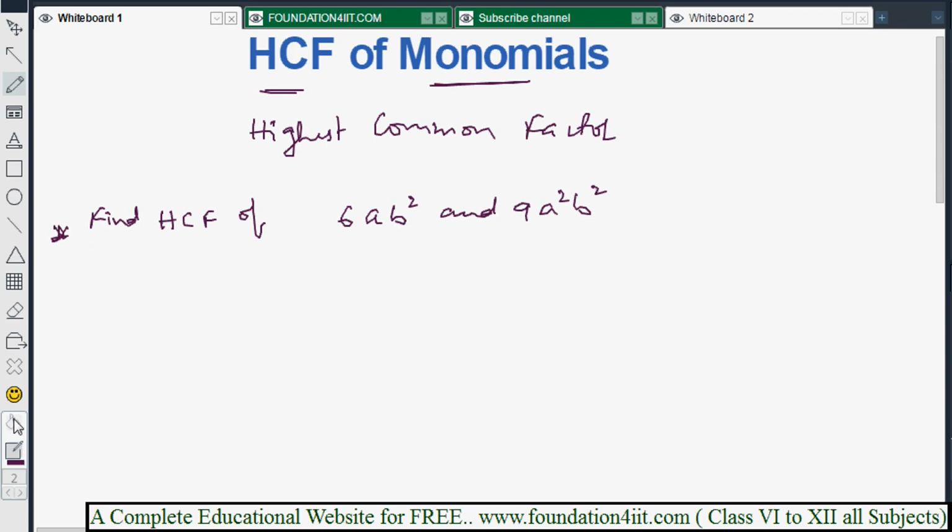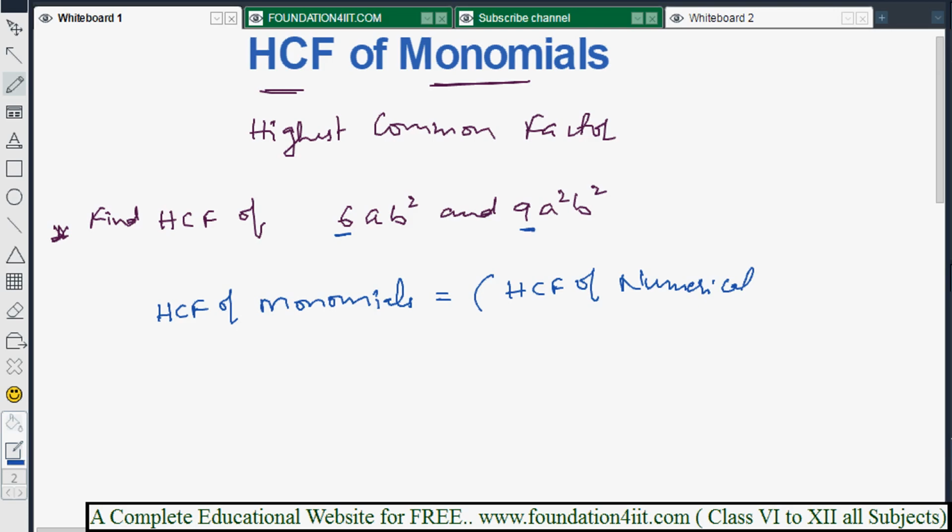To find the HCF of monomials, first we need to find the HCF of the numerical coefficients. Here the numerical coefficients are 6 and 9, right? So we need to find the HCF of the numerical coefficients first.